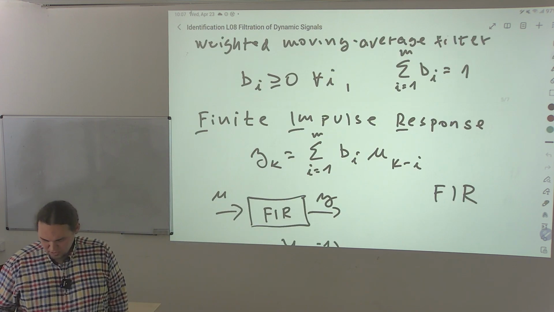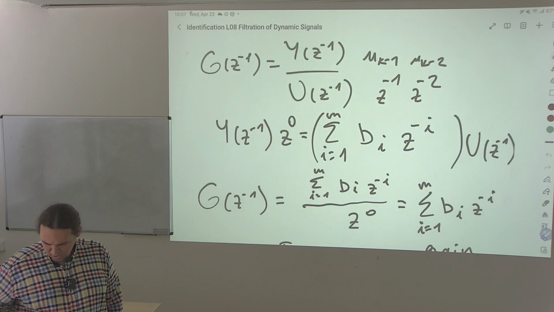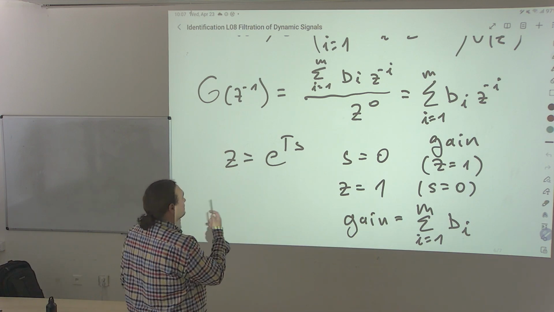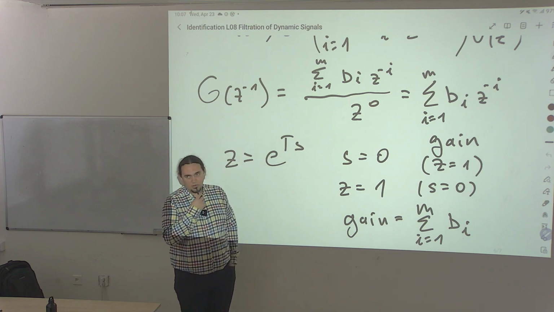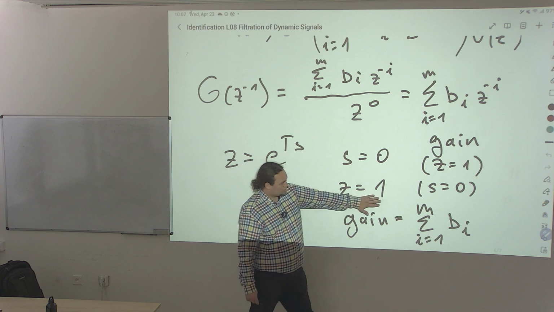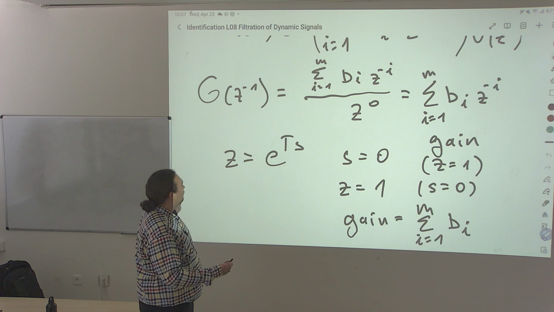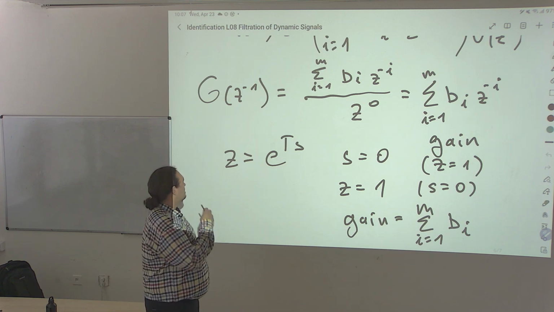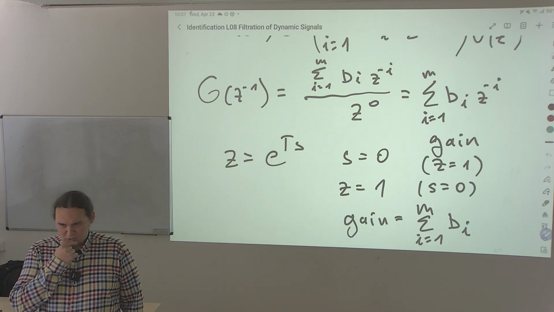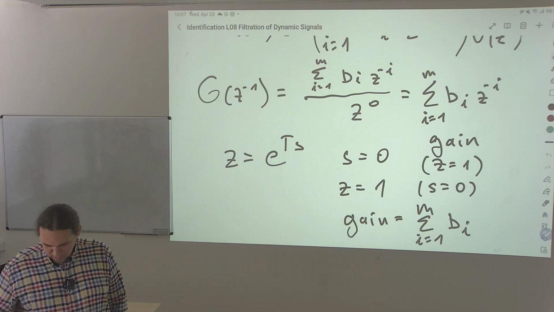So we will get back to this, and as promised last time, if we needed this FIR filter to represent the filter, we might again be interested in the gain. So a low pass filter would typically have the gain of 1. A high pass filter would be close to 0. Any questions to this? You saw this in your exercises.